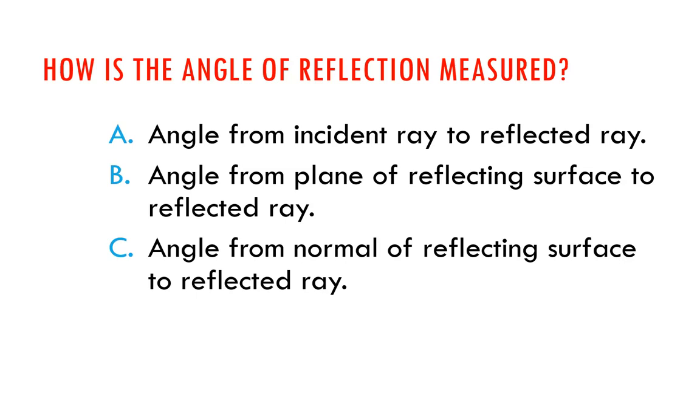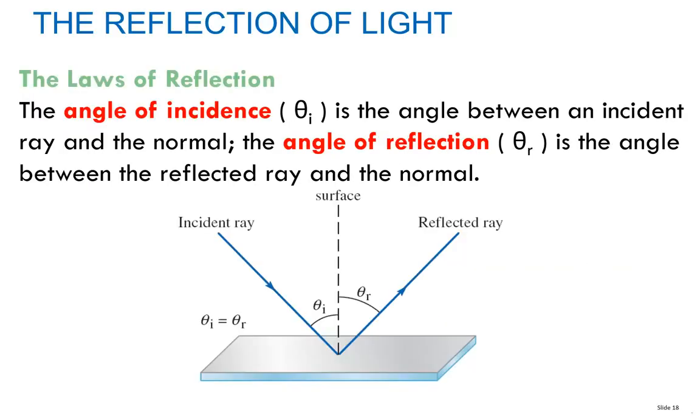Okay, so this time we had 2, 1, and 6. 2 people said incident ray to the reflected ray. 1 said angle from the plane of the reflecting surface to the reflected ray, and 6 said from the normal. So let's go back to the picture. 1 person said this. 2 people said this. And 6 people said that.